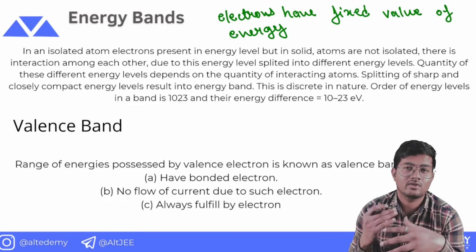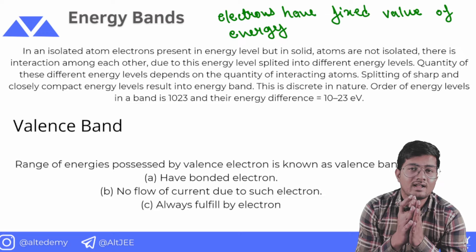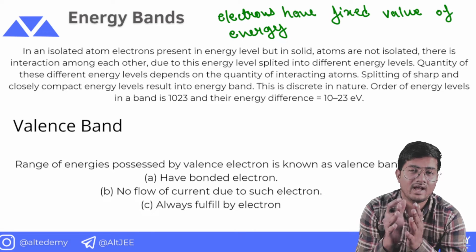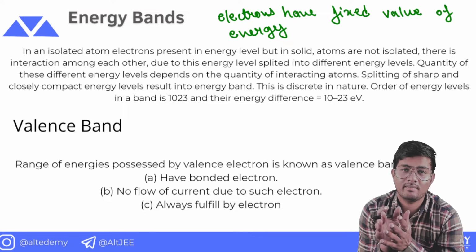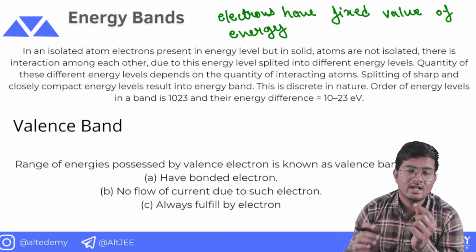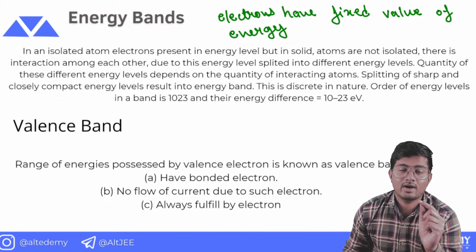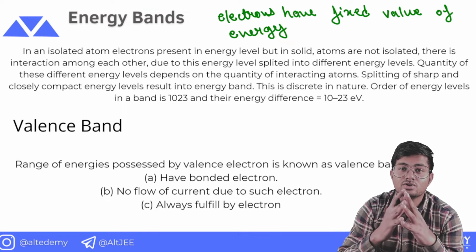In the majority of cases there is a collection of atoms. If we have a particular piece of a metal or a particular element, it will not have only one atom, there will be so many atoms.